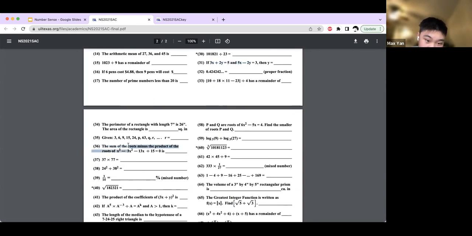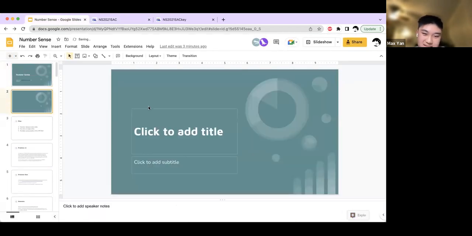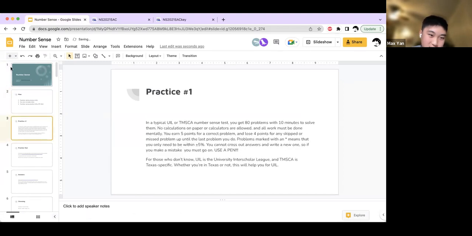Question 3. For this one, you need to know a theorem called Vieta's. Let's see if I can go over it in the next 5 minutes.